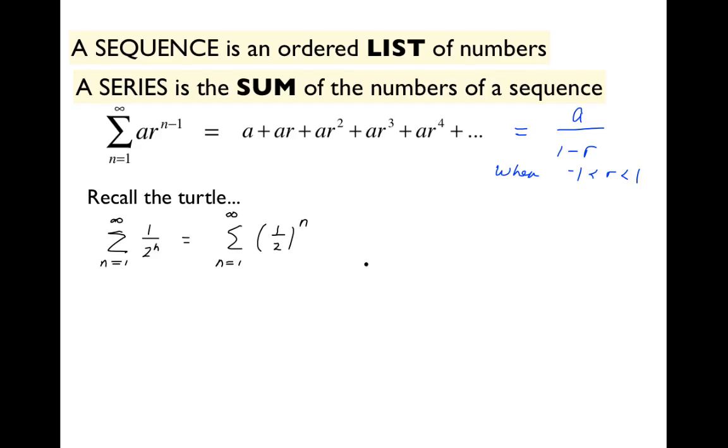So can we make this thing look like that? Can we get it to be 1/2 to the n minus 1? How can this be equal to this with 1/2 to the n minus 1? How many 1/2s are multiplied together here? N. How many 1/2s are multiplied together here?